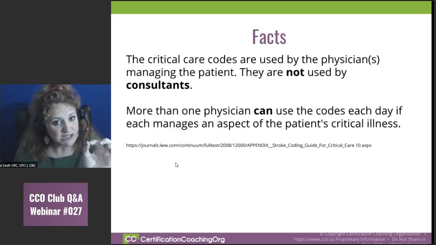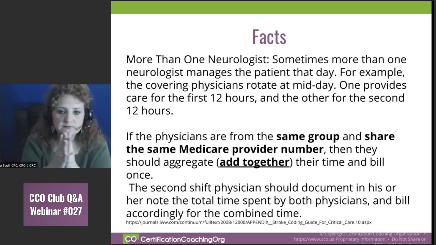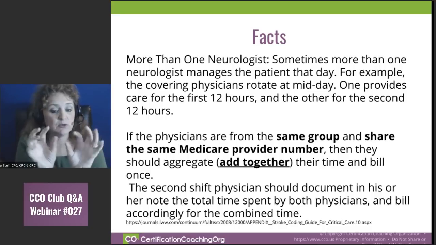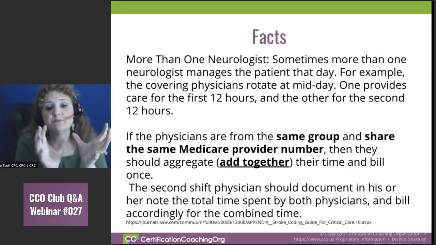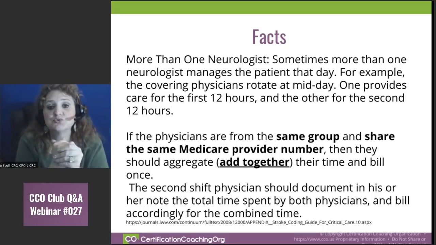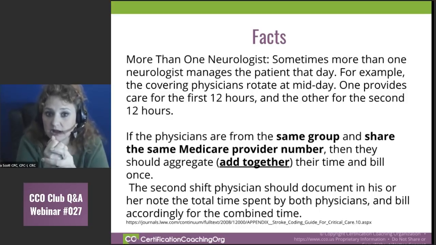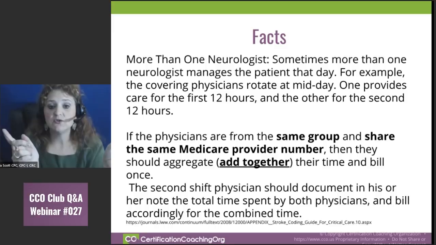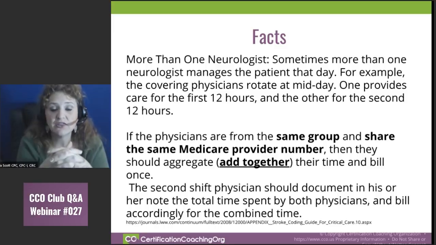Now, this is where it gets a little confusing. The example they gave, and keep in mind this is based on coding for a stroke patient, who would be critically ill, is that you can have more than one neurologist working together.